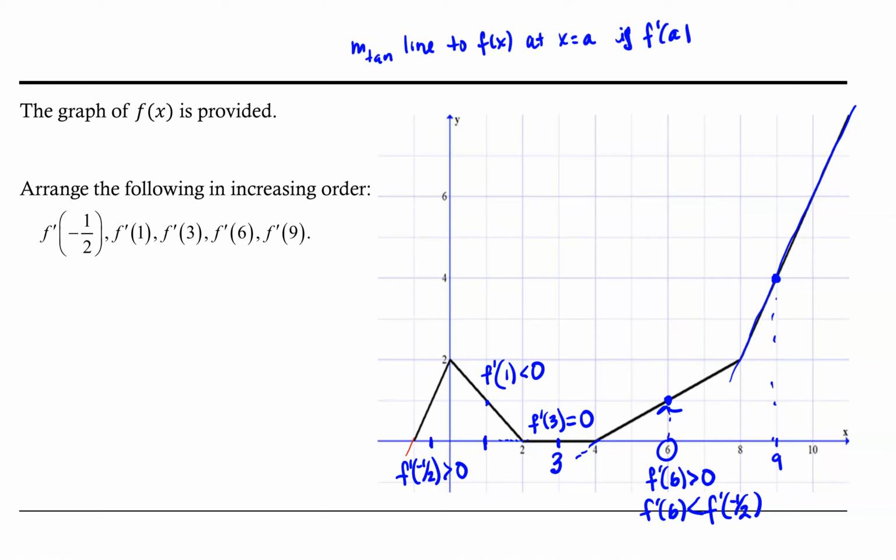It's positive, so we can certainly say that f prime of 9 is positive. It does appear to be larger than f prime at 6, so we can say f prime of 9 is greater than f prime at 6.